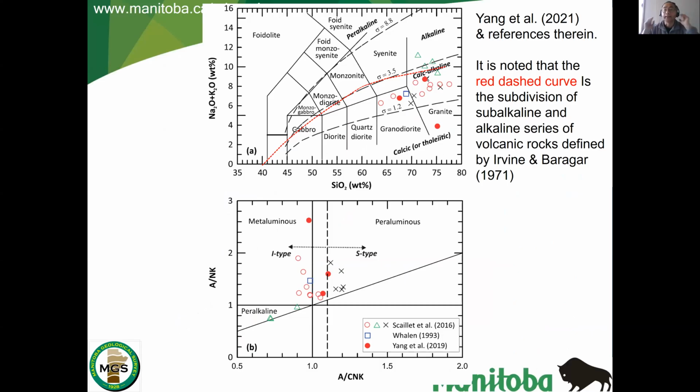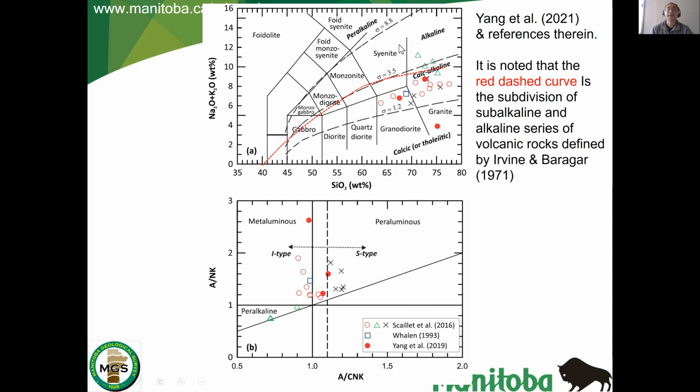And we use selected samples that are well constrained by experimental work or petrography work to constrain the mineral assemblages. And the samples we used were mainly taken from these references. We plotted them, and you can easily see the granites range from calcic to alkaline, peralkaline.